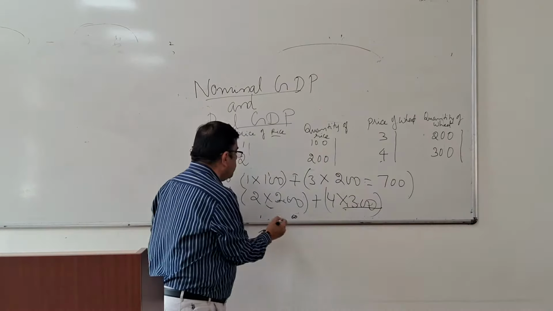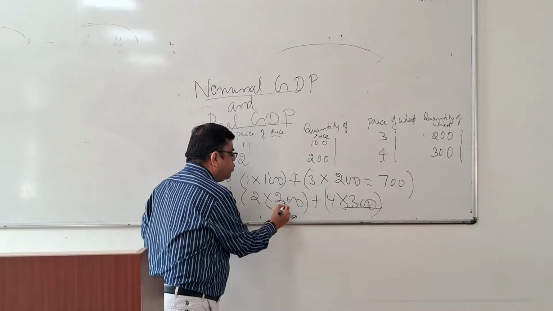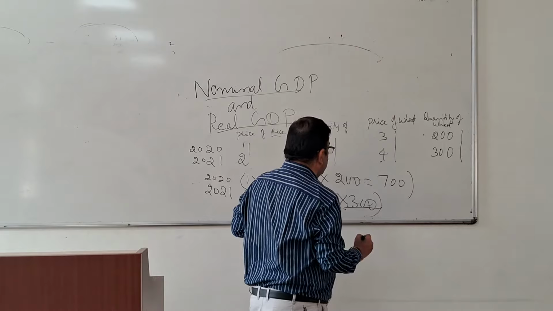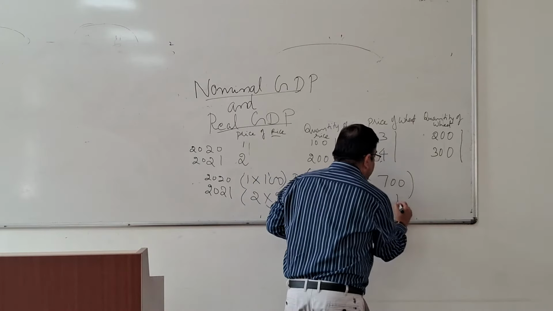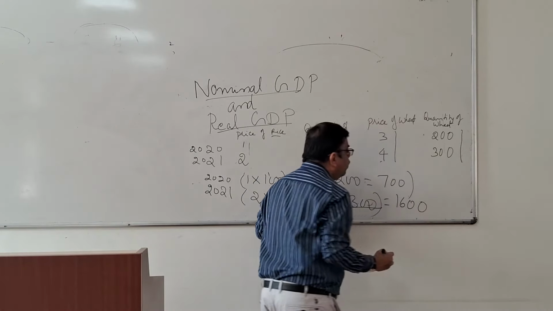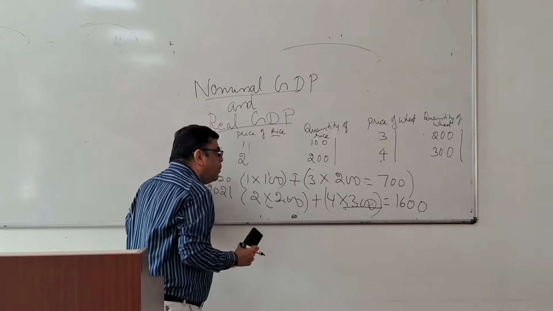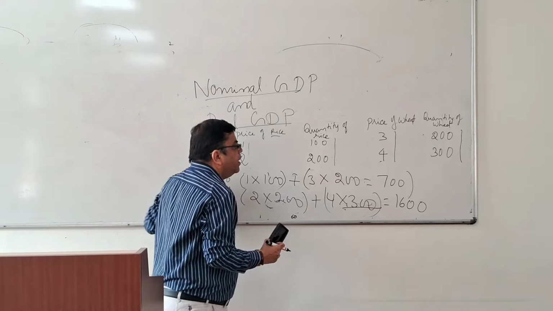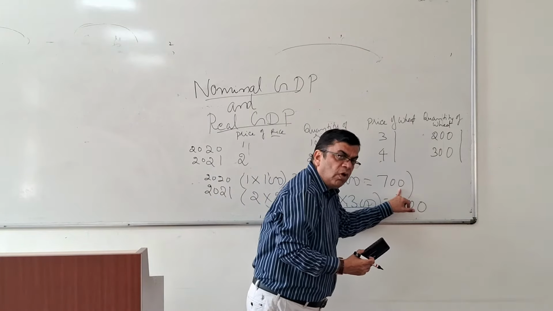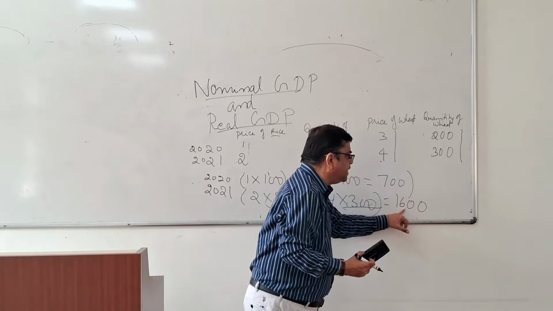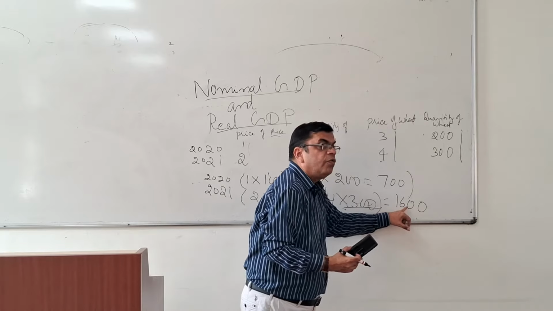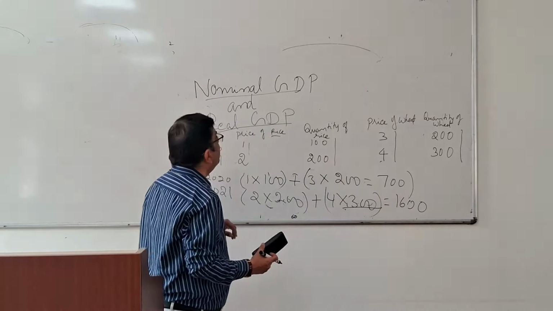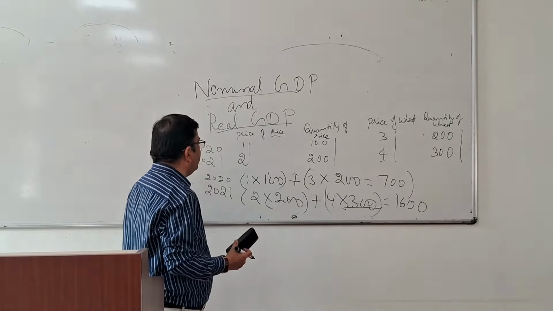So how much is the total nominal GDP? 2 into 200 is 400, 4 into 300 is 1200, 1200 plus 400 is 1600. So if I consider only nominal GDP, then I say the GDP of my country increased from 700 in 2020 to 1600 in 2021. But let me see how it is if real GDP is considered.